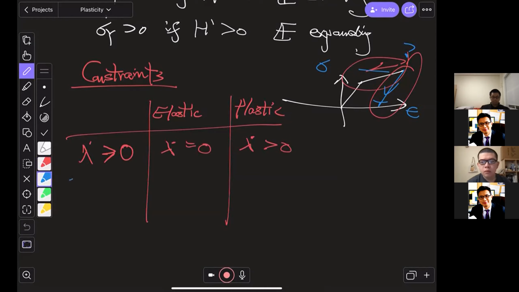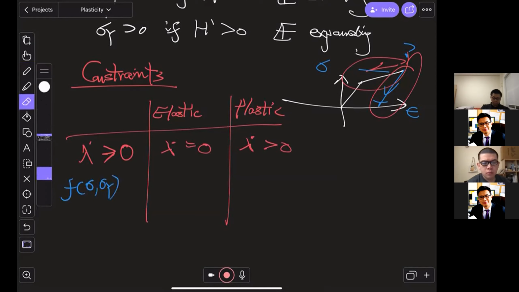Now I would consider the yield surface. The yield function can only be smaller than or equal to 0. If I put the stress into the yield function and my yield function is smaller than 0, then it's elastic.